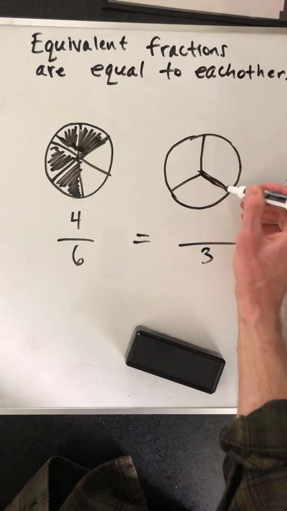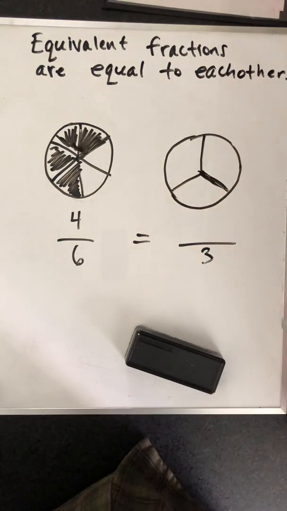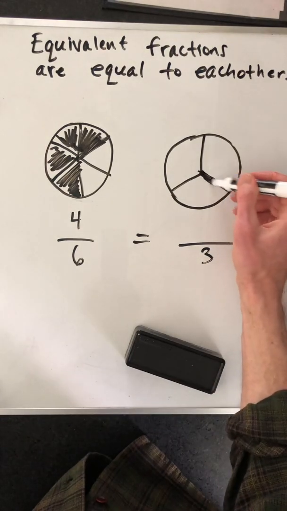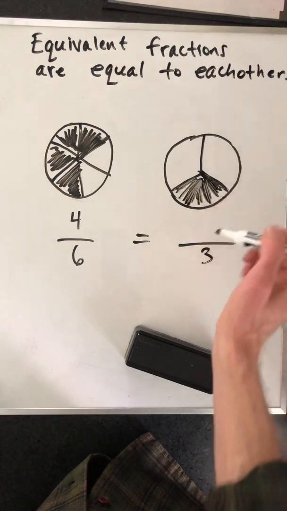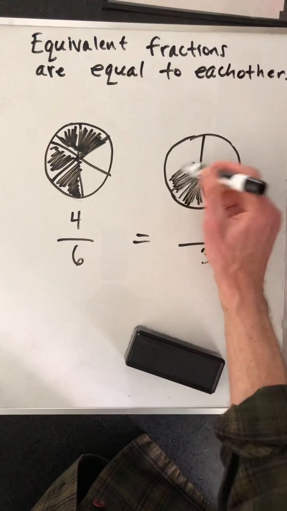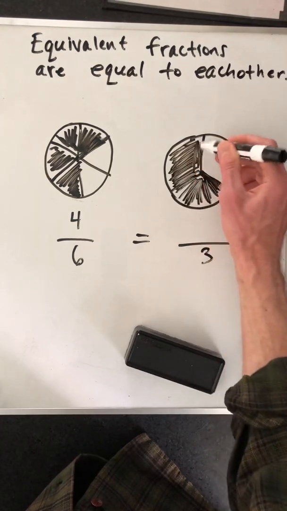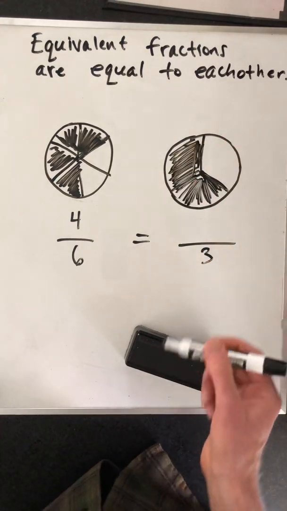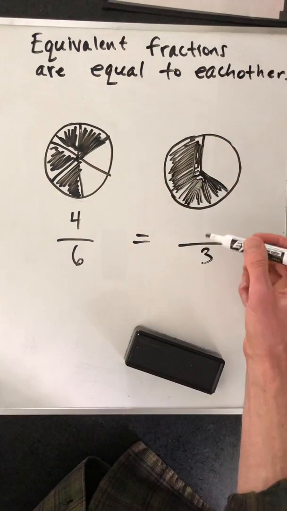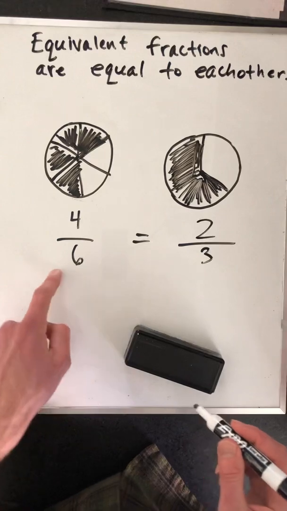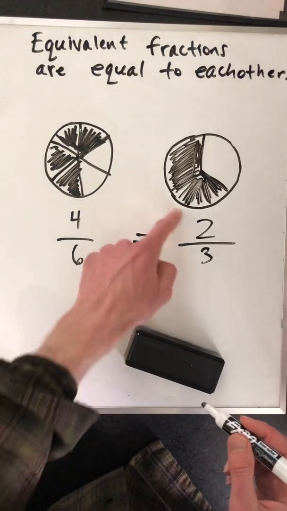And then on this one, I color in the same amount of stuff. It's not just one piece, it's more than that. Okay, that looks about the same. See how there's not much empty space there? So I colored in 2 of them. So 4/6 is the same amount of stuff as 2/3.